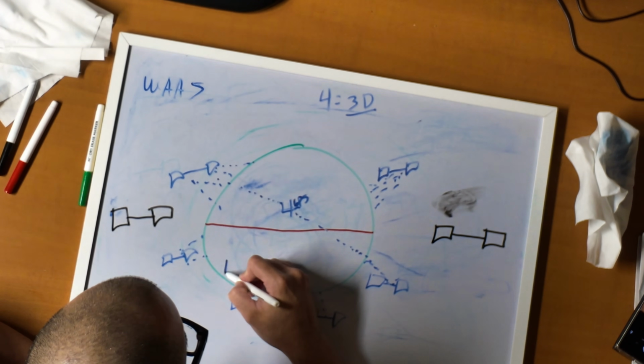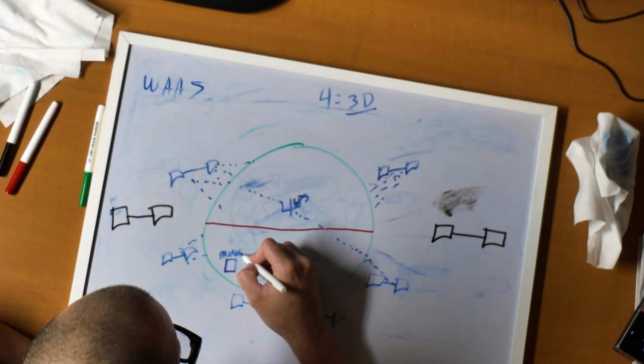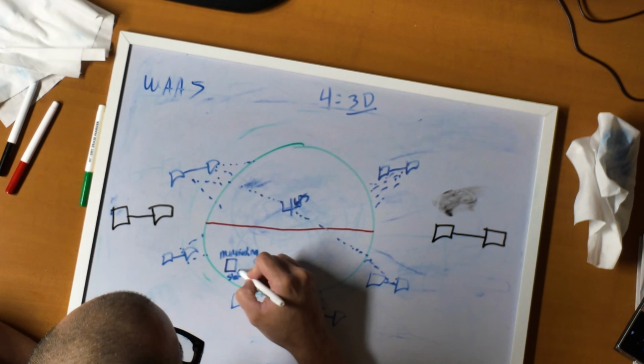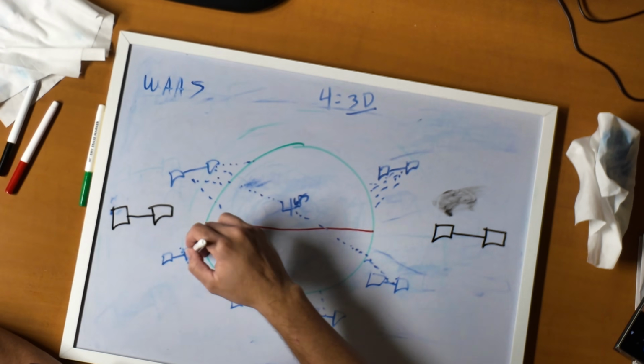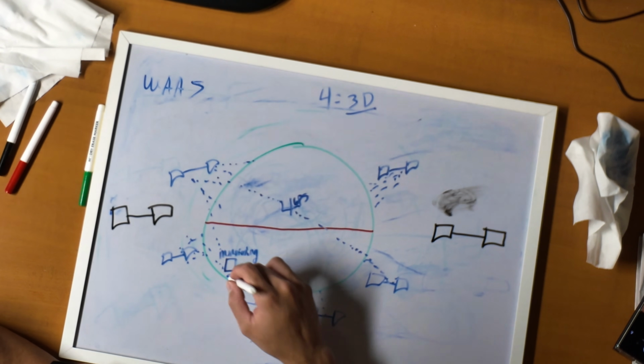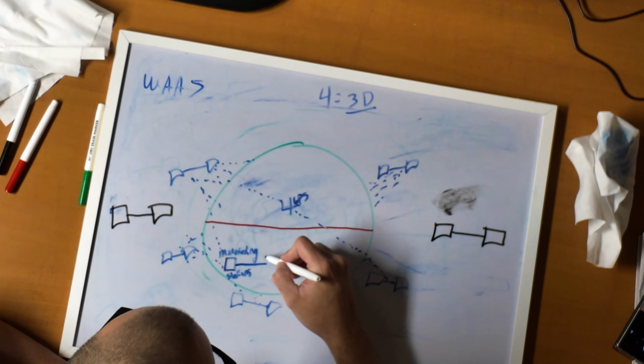Then here on Earth, we have monitoring stations. And these monitoring stations also happen to receive those same signals and pick them up. Those monitoring stations send that signal to a master station.